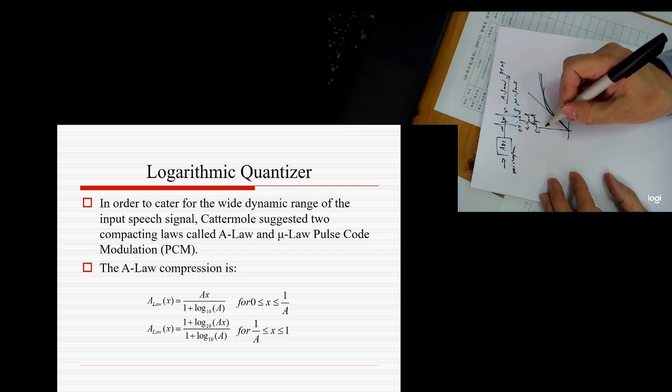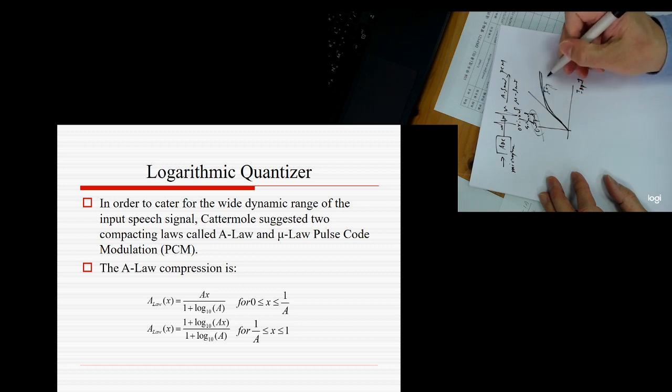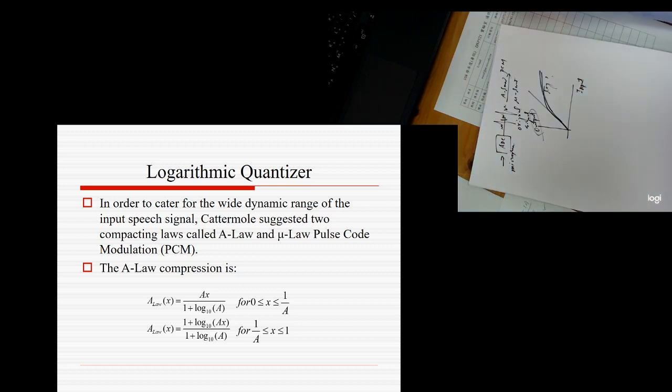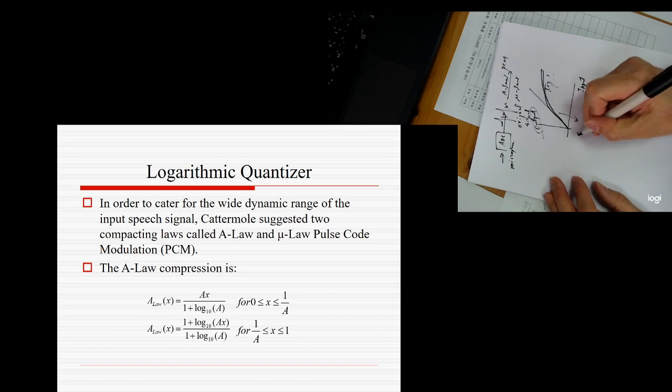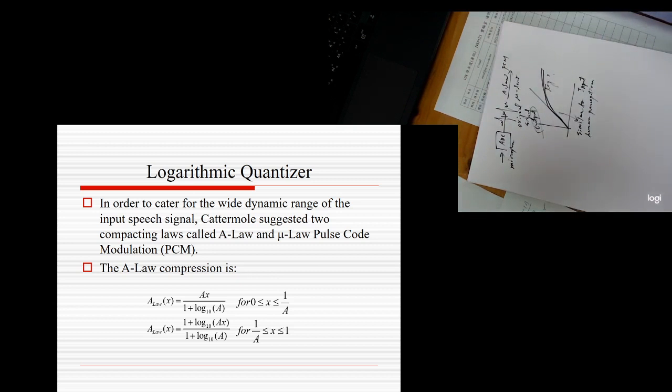So after A-law and mu-law, the signal will be a little bit like a log scale. This is similar to human perception. We consider human perception, which does not behave like a microphone sensor.